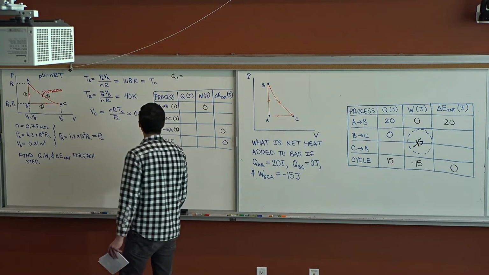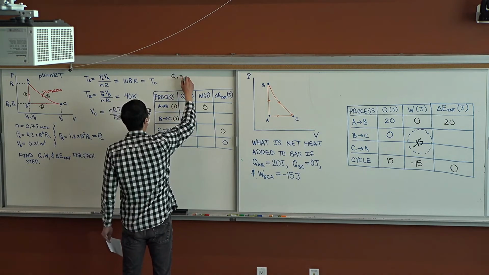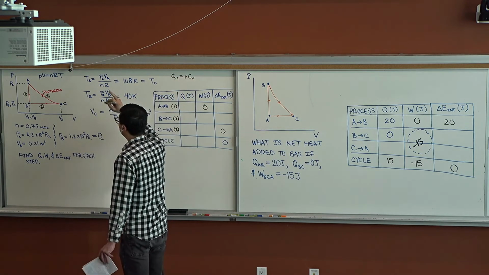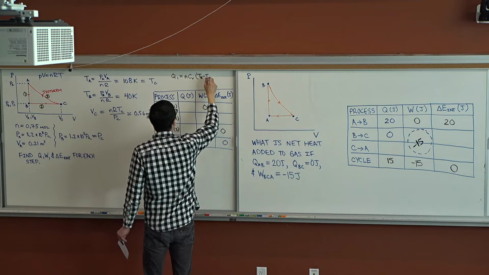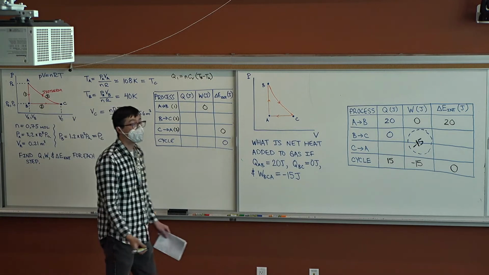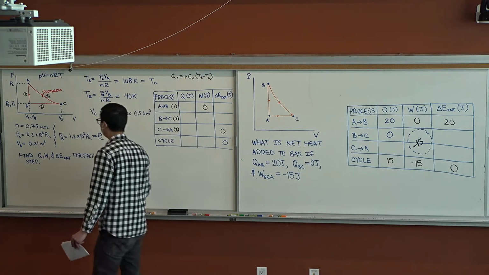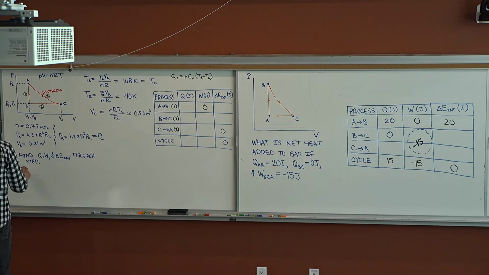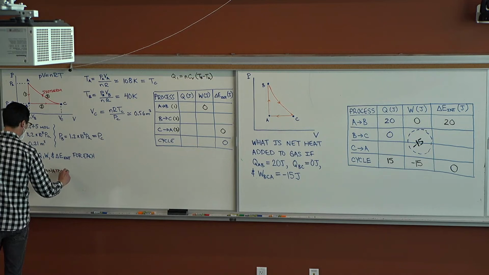And so as we saw yesterday, Q is just going to go as N times CV times delta T. So CV, 3/2 R. And remember, CP is 5/2 R.